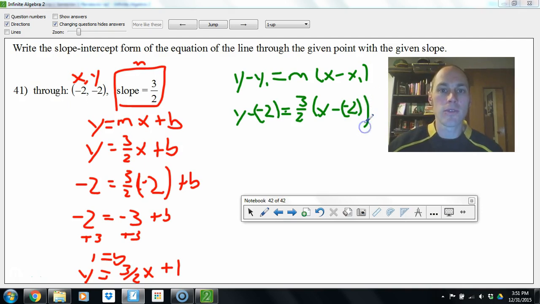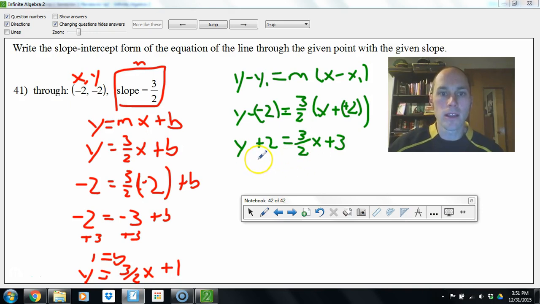Okay, so then we just simplify this one down. So y plus 2 equals, I can distribute 3/2 x, and this is really plus 2. So it would be plus 3, because 2 times 3 is 6, divided by 2 is 3. And then to get the y all alone, to get it in slope-intercept, I would subtract 2.